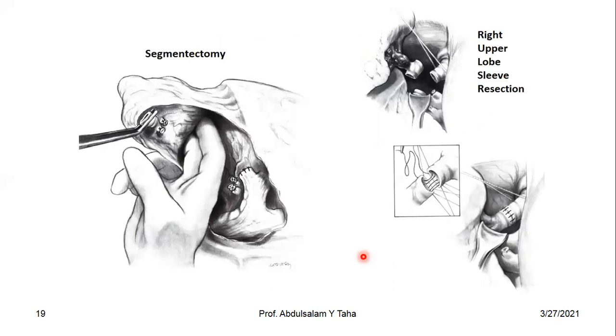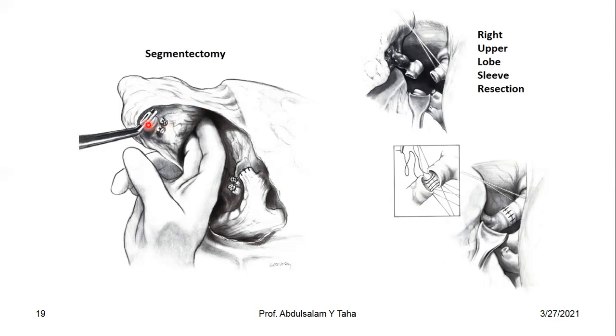Now, this is a demonstration of the procedure of segmentectomy. As we said, the bronchopulmonary segment actually is the structural unit of the lung, and it is a surgical entity. It has its own segmental bronchus and arteries.